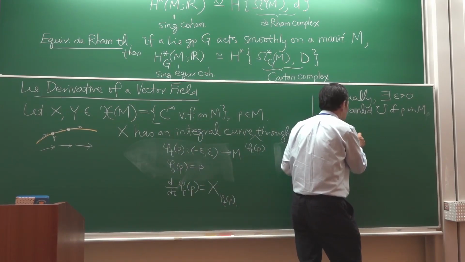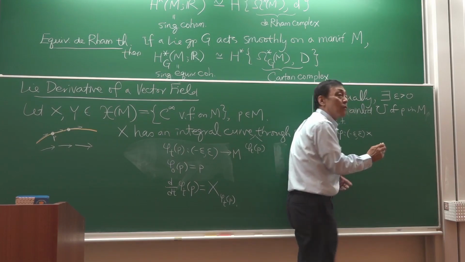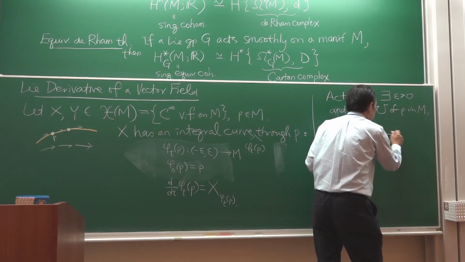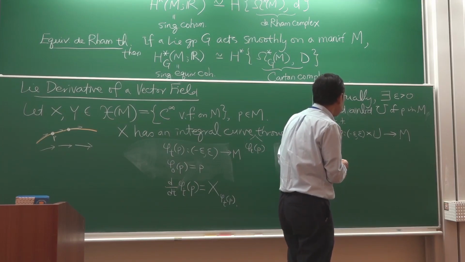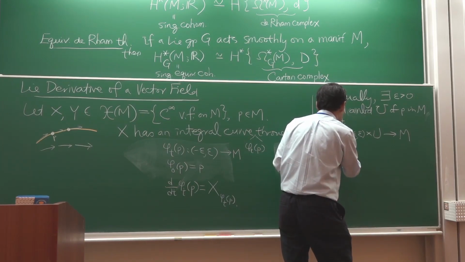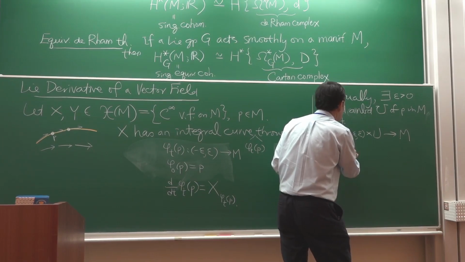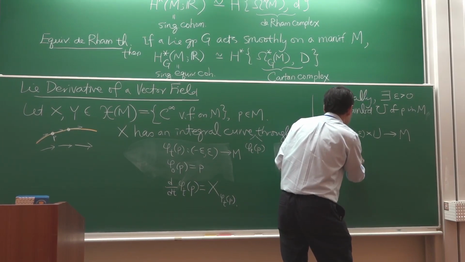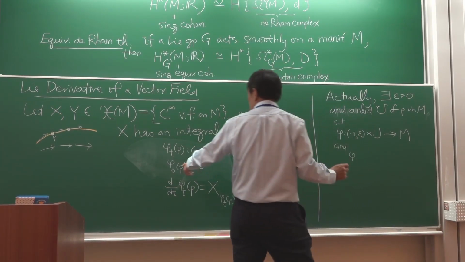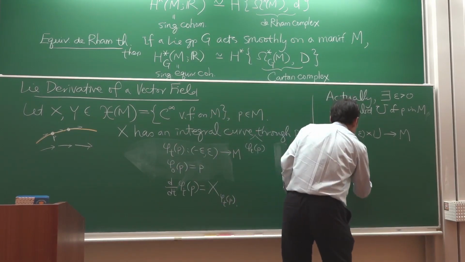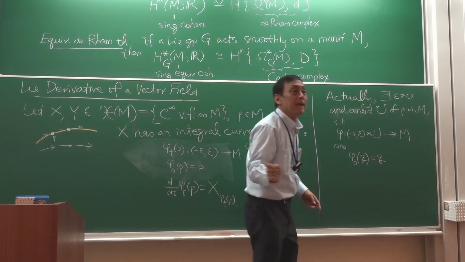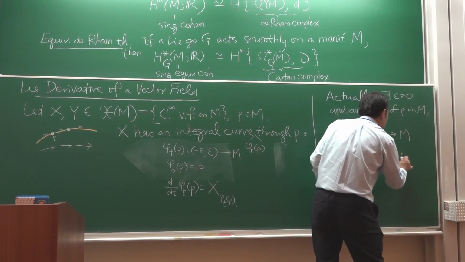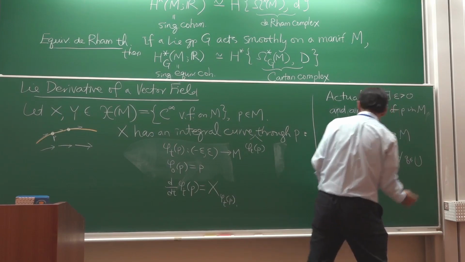So this phi is defined on minus epsilon epsilon cross U into M. Okay? And so phi at time 0 for any q is q, for all q in U.